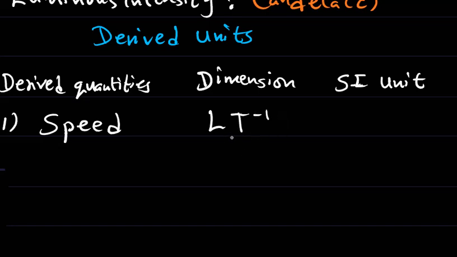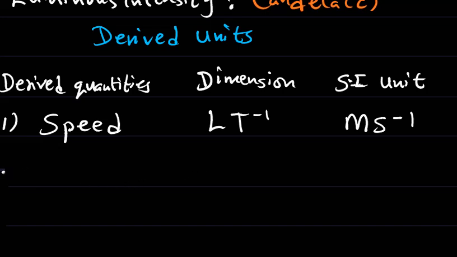From the dimension we can also write the units. So we can derive the unit from the dimension. So already LT^-1 is the dimension of speed. In terms of SI unit, length of course is meter, T is time, which of course is seconds, then raised to the power of minus 1, ms^-1.